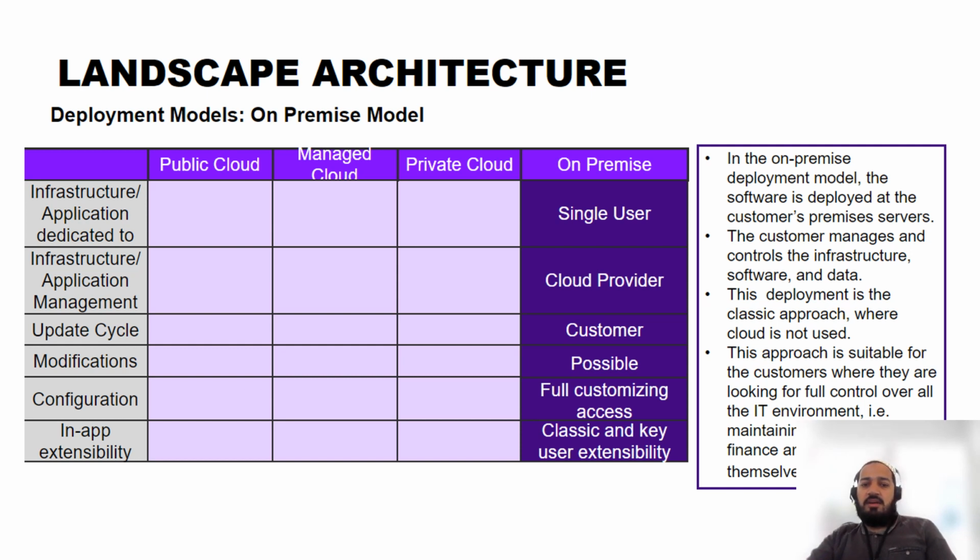Full customizing access is provided, and classic and key user in-app extensibility is there. It is a customer premises server, the customer manages and controls the infrastructure, and deployment is the classic approach where the cloud is not used. This approach is suitable for customers looking for full control over the IT environment.